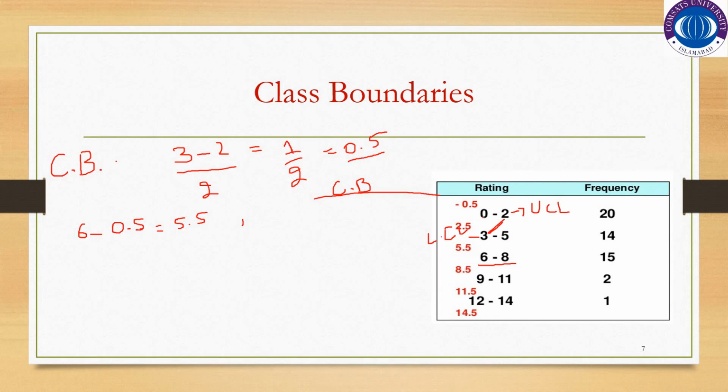We will subtract it from the lower limit and add it to the upper limit. For the first class, we get minus 0.5 to 2.5.